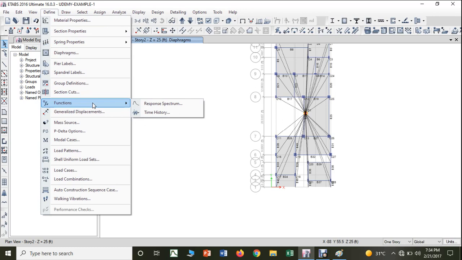When I take the wind load acting on the structure, sometimes even the wind load will also be a dynamic load, because it is going to vary.